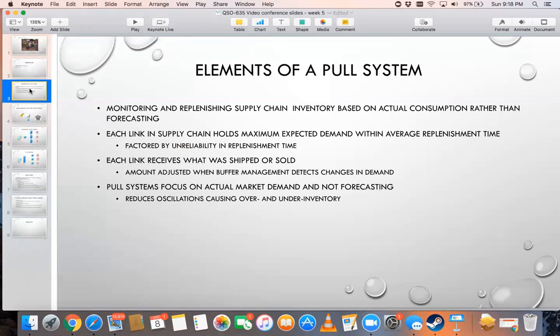In more complex systems, you have safety buffers. You have buffer stocks and safety stocks. Safety stocks are what push systems use to guard against excessive demands.